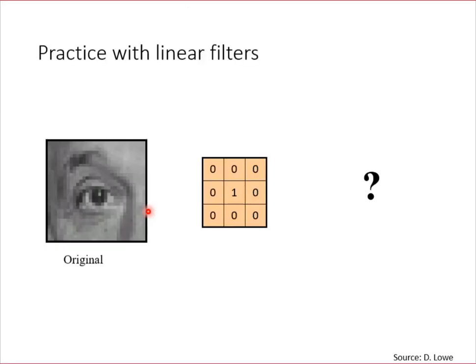So let's see some properties of linear filters. Okay, so this is the original input. If I use this filter kernel, what will be the result?